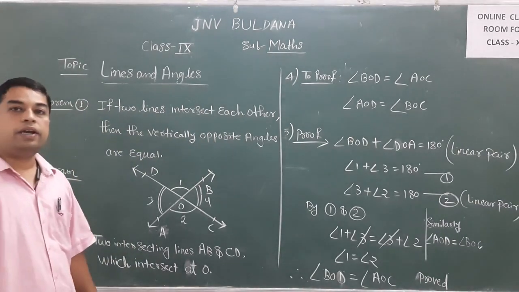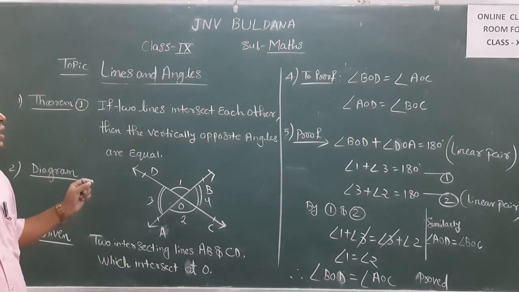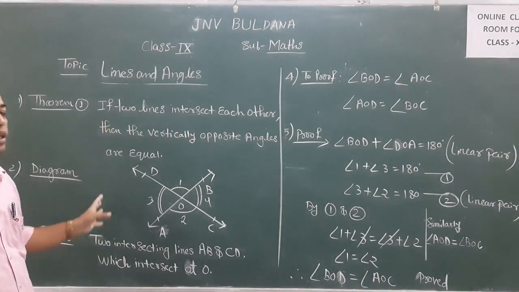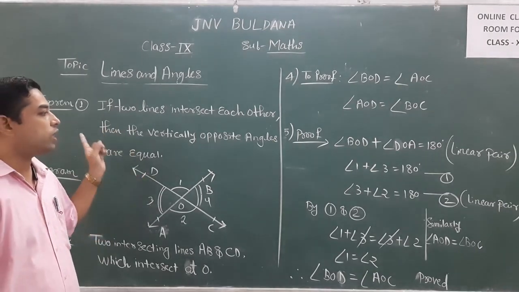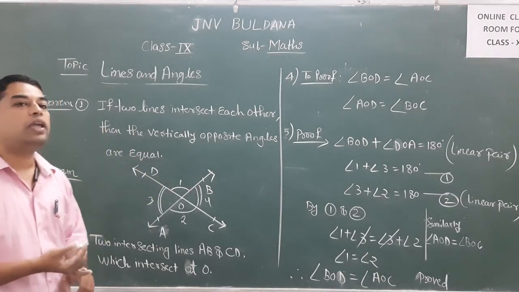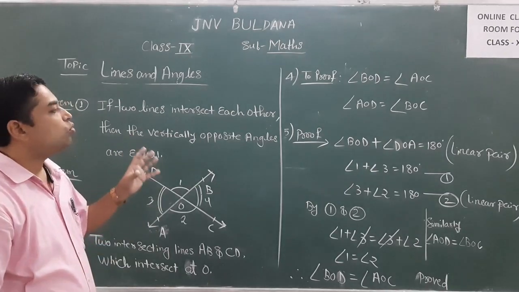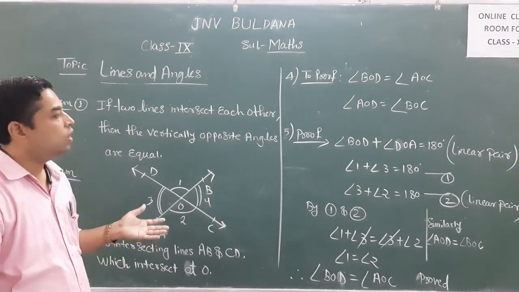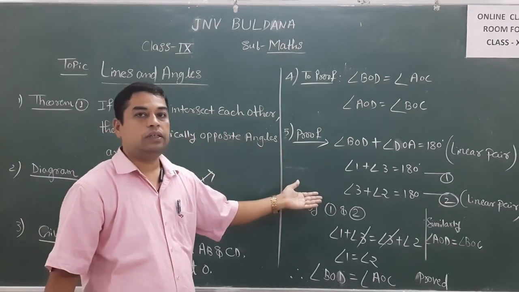I hope you understand. You try to practice it. Once you practice, you will know how to write theorems. Before that, try to understand every step. That is very important. In a theorem, we have to keep in mind how to start it and how to reach our answer.